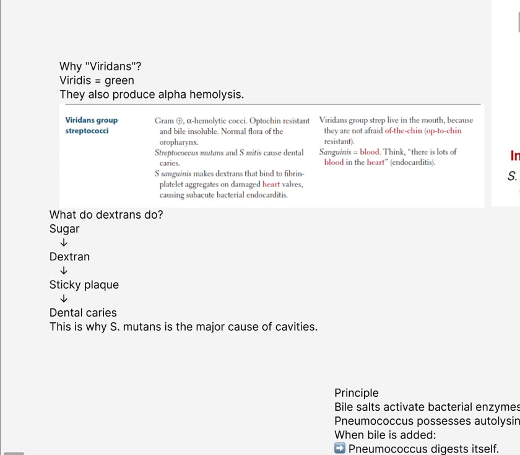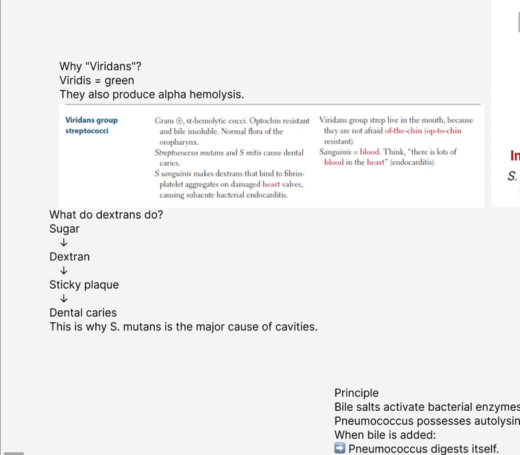Now, you get some dental procedure or a tooth extraction or cleaning or flossing, and the viridans enters the bloodstream. Once the viridans enters the bloodstream, the dextrans help attachment, right? The dextran helps that sticky attachment on the damaged heart valves, and the valves get colonized.